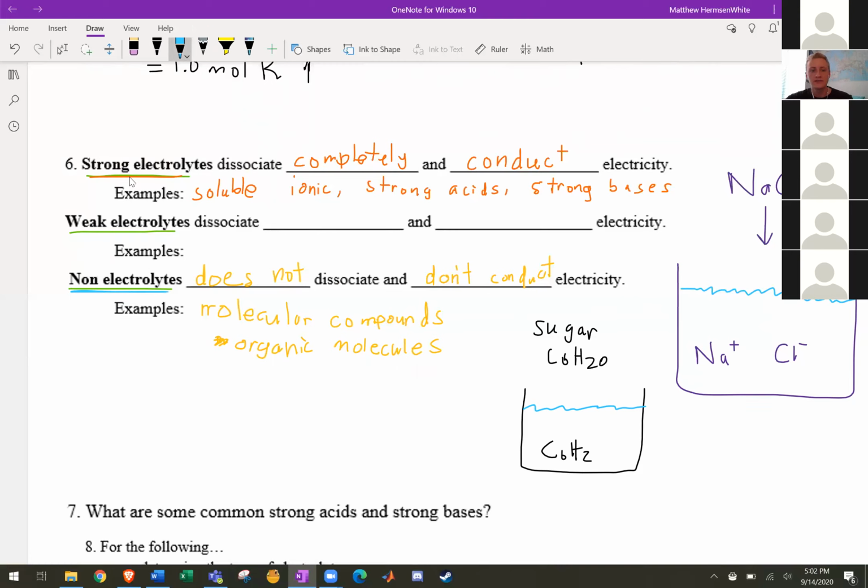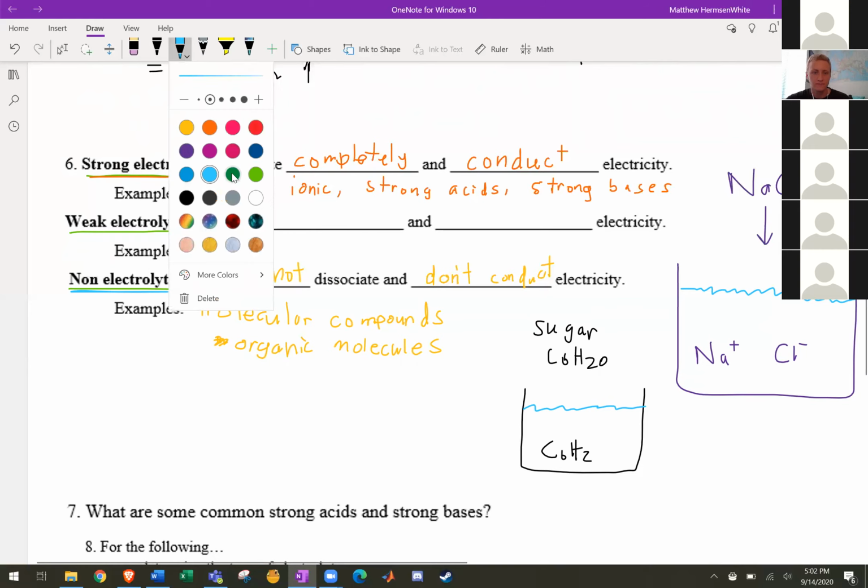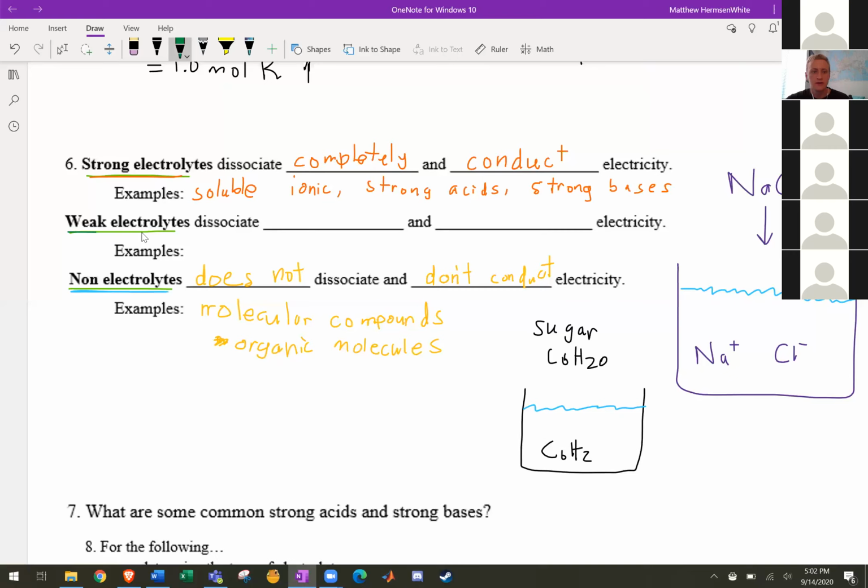So we have strong electrolytes, non-electrolytes, and then the middle ground, weak electrolytes. Weak electrolytes are compounds that dissociate partially. Some of them break up and some stay together. They conduct electricity, but they conduct it poorly.